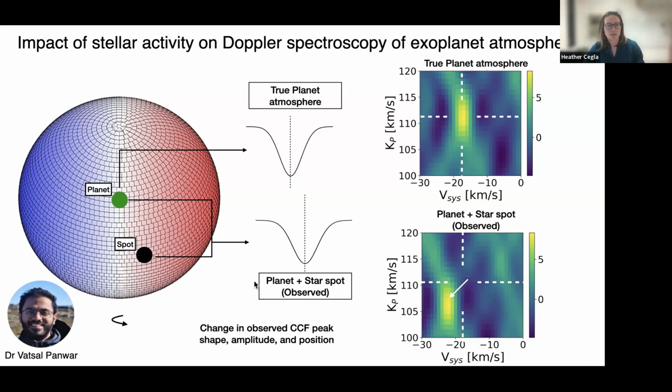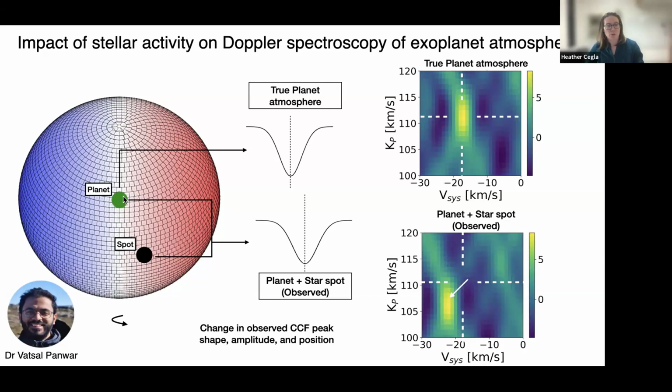So he's got, similar to Ginger, this idea of a model star that's gridded up, and you can inject whatever spectra you want into these tiles. In this particular case, what he's going to be doing is injecting spectra that would represent a spot photosphere in these tiles, whereas all the other tiles would get a quiet, quiescent photosphere.